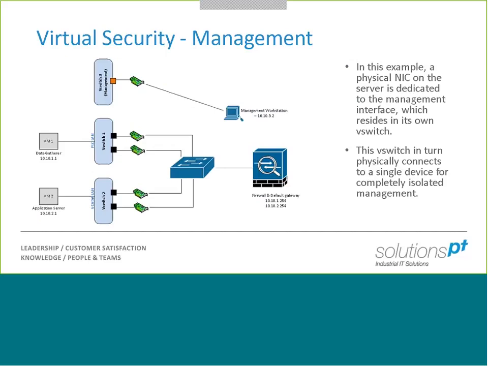Now, this one is a slightly different example in that we have essentially created an entirely new vSwitch, a new virtual switch for management alone. And basically we've got one network interface card linked to that vSwitch, which in turn connects to a management workstation.